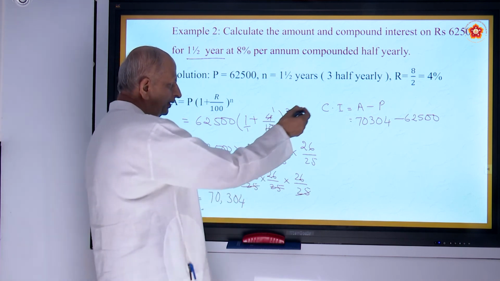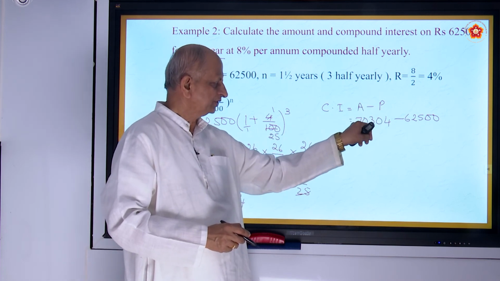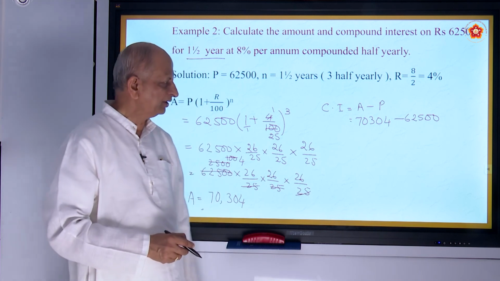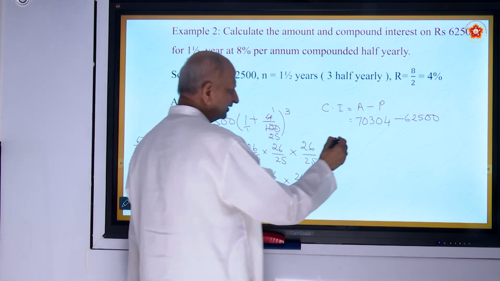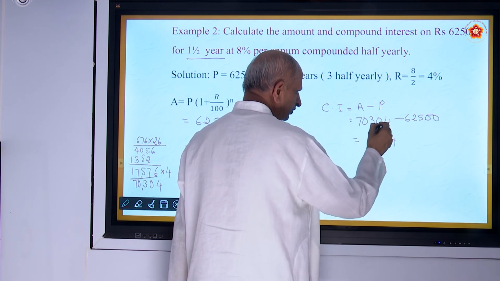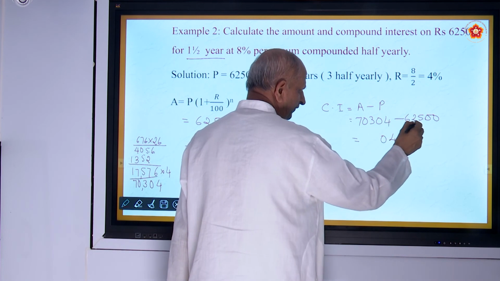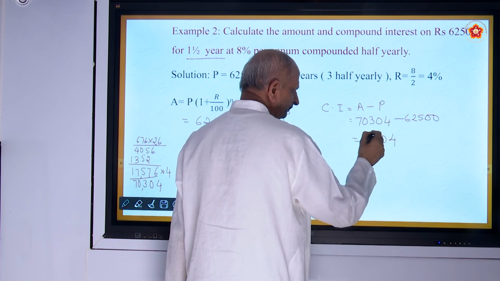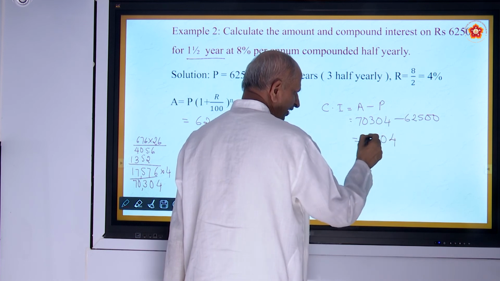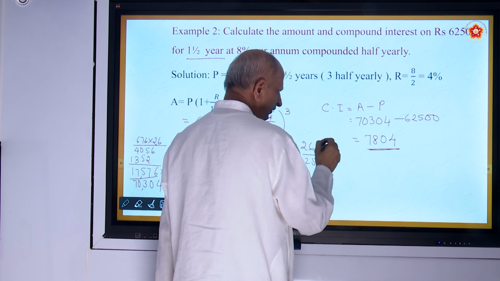So, what is CI? Amount minus principal, 70,304 minus 62,500. Shall we subtract? It will be 4 minus 0 is 4, 0 minus 0 is 0, 13 minus 5 is 8, then 9 minus 2 is 7, then 6 minus 6 is 0. So, that is the compound interest.